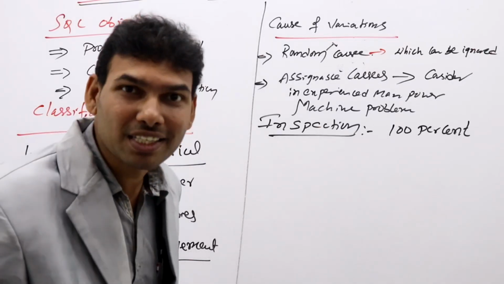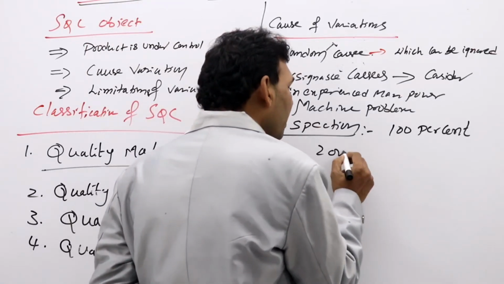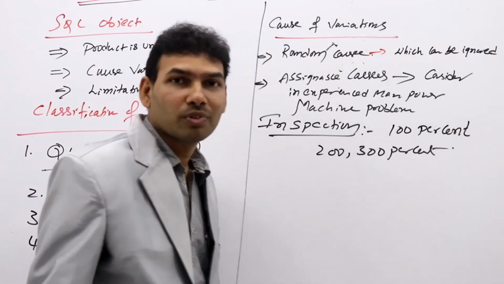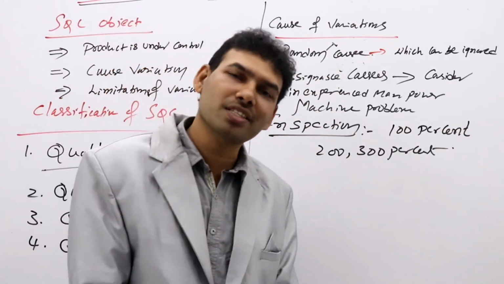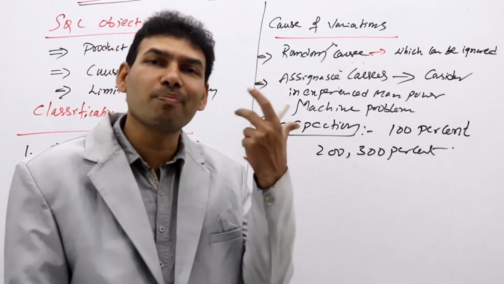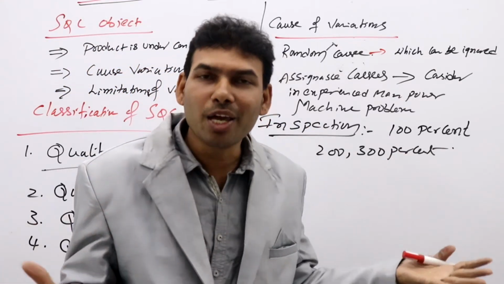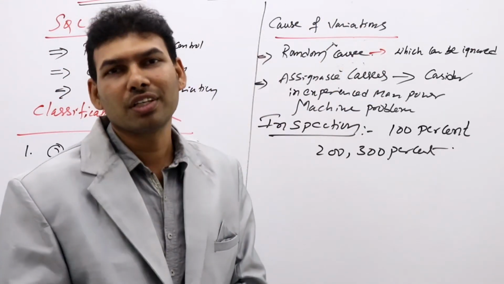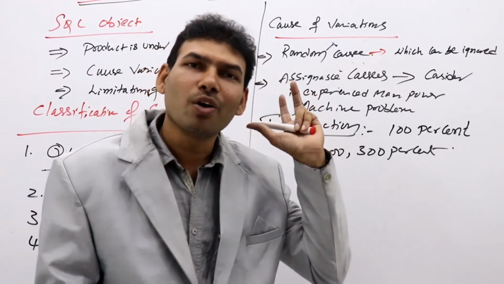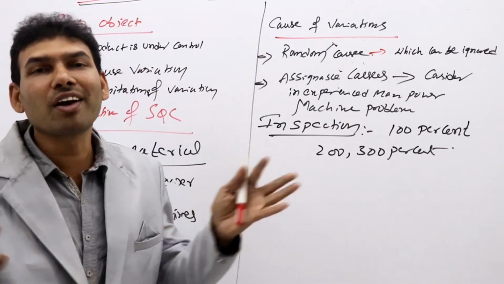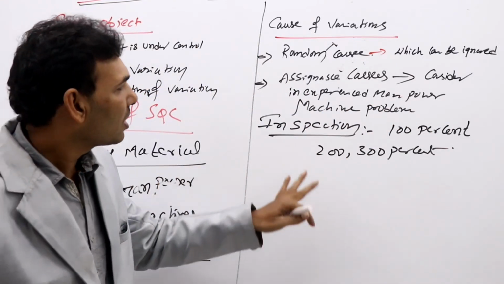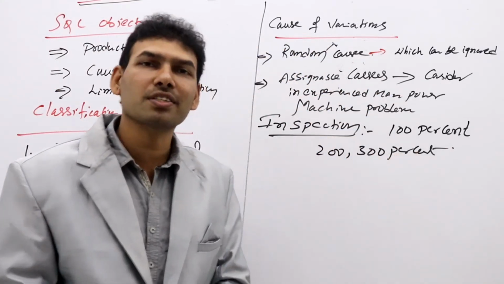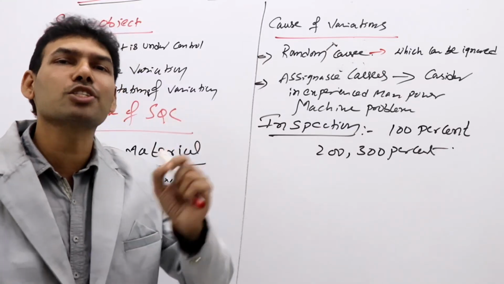There are a few companies which follow 200, 300% inspection. We call their materials branded materials. Why can we buy a branded material, ignoring the cost? It may be too costly, but we can buy that material very confidently, because in the process of manufacturing they do 200 to 300% inspection.